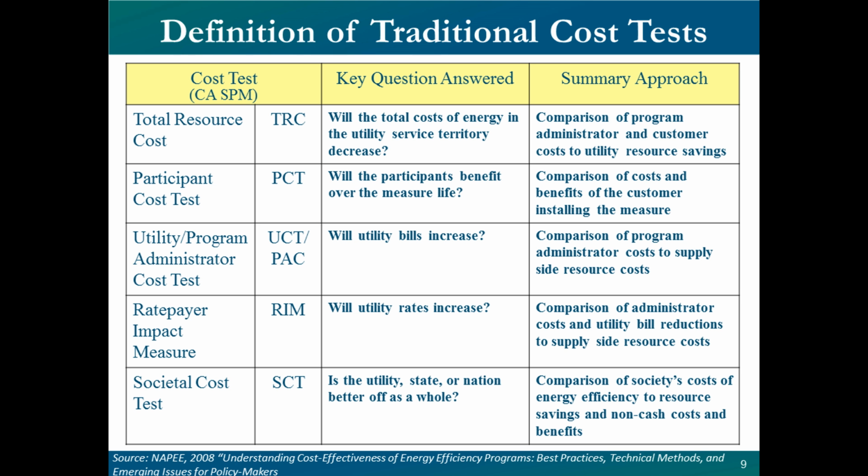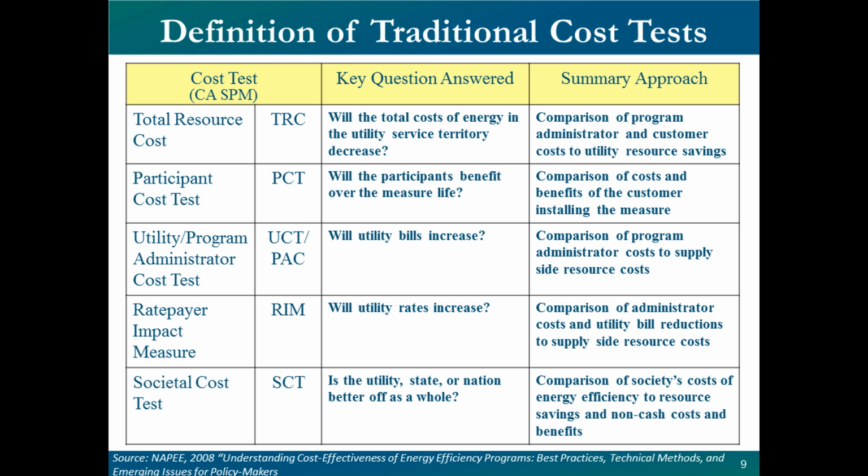And usually, in most states, they start with the societal test or a social test, whether it's the TRC, which is most common, or a societal test that begins to add in more externalities, to decide whether it's a good idea to do that program. And then they use the distributional tests to measure whether the incentive should be more or less, or other design details around the program to get a good balance of sharing of costs and benefits among participating customers and non-participating customers.